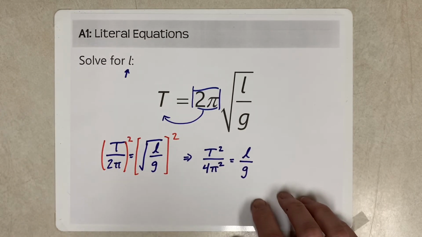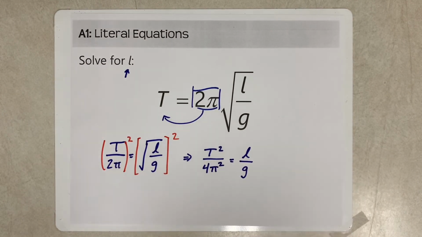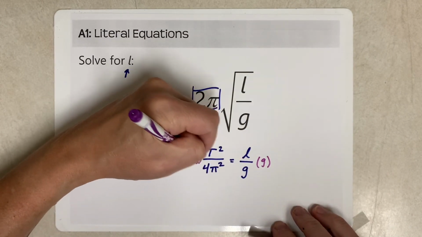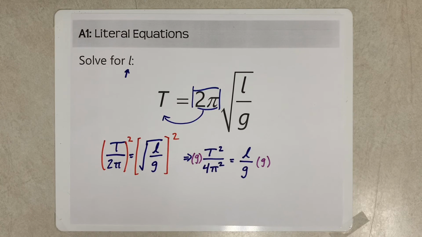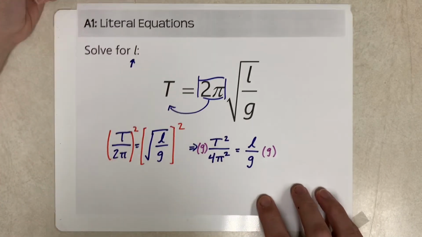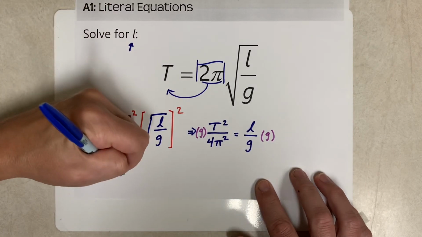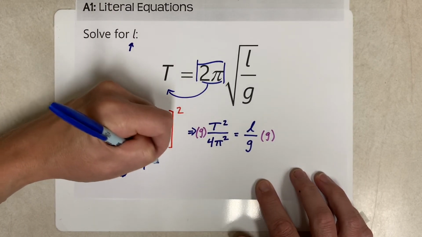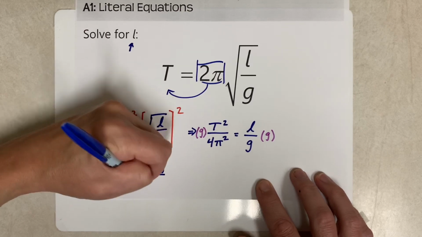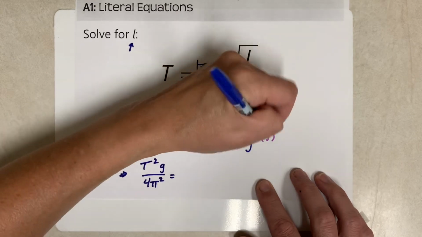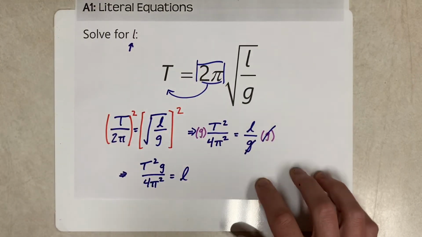And if I multiply both sides by g, like this, it's going to take that g, and you can either write it on the side or you can put it with the T squared. We usually in physics put it with the T squared. And so here's what we're looking at. T squared times g over 4 pi squared is equal to, now, since those canceled, L.